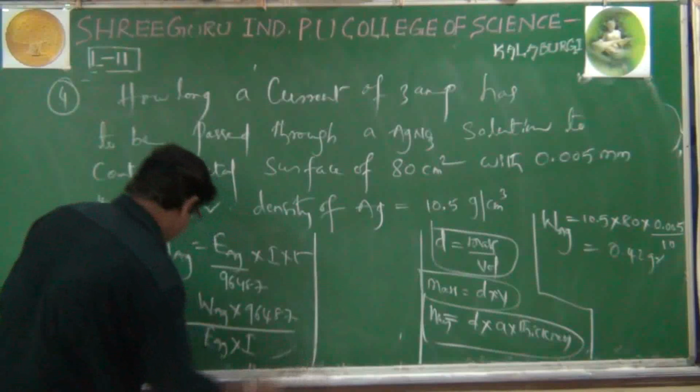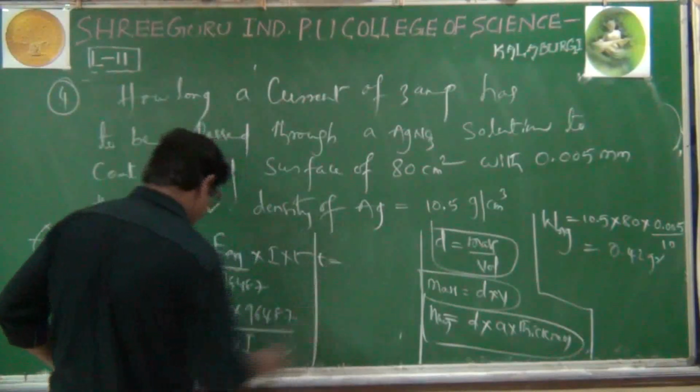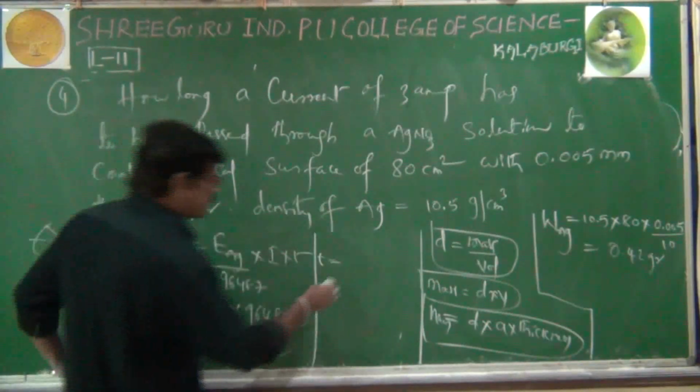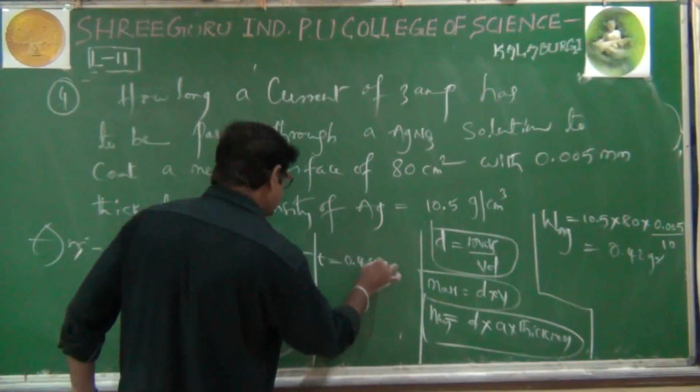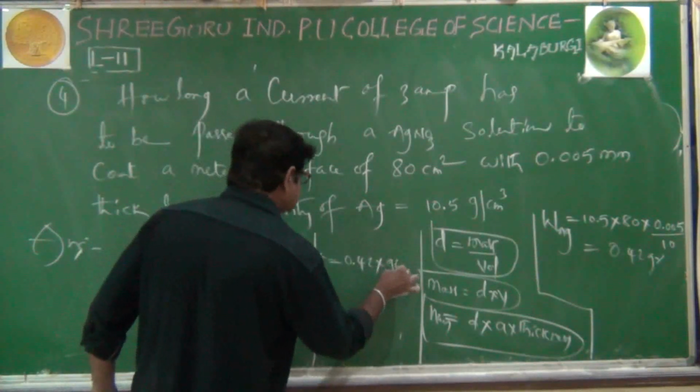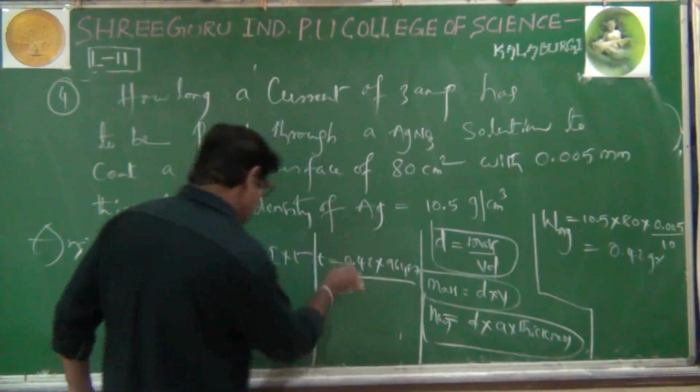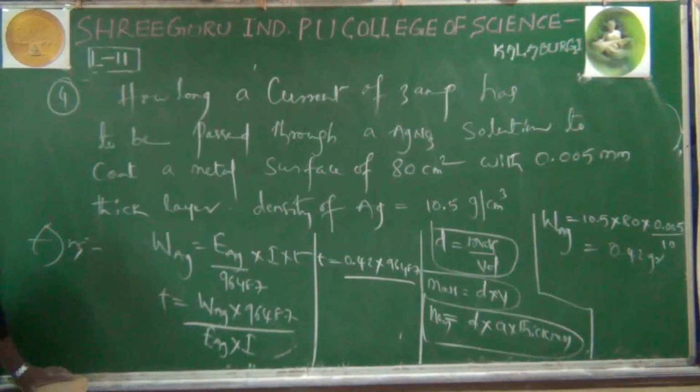Now we'll substitute the values. T is equal to mass of silver just now calculated, 0.42, into, of course, 96,487 divided by equivalent mass of silver.